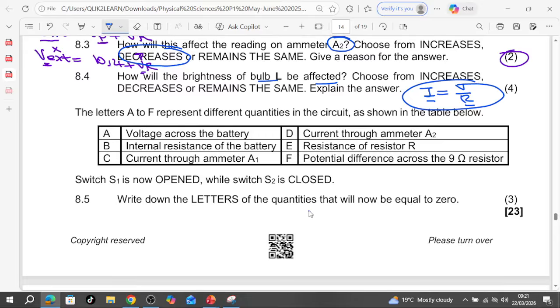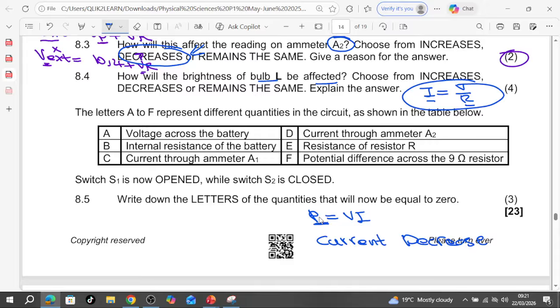The brightness depends on power, so P is equal to VI. If P is equal to VI, what happened to the total current? From the previous question, we said the current decreases. So if the current decreases, what happens to the brightness? What will happen to the power?